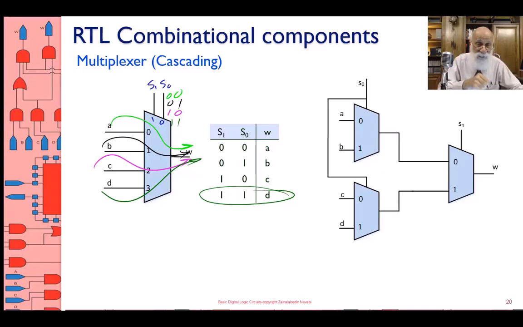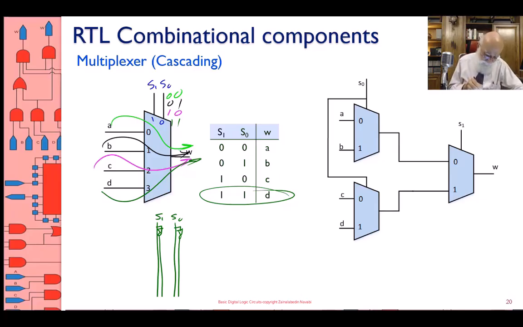Okay, let's build this from scratch. S1, S0, 0, 0. And then I have 1, 2, 3, 4 gates for 0, 0, 0, 1, 1, 0, 1, 1.